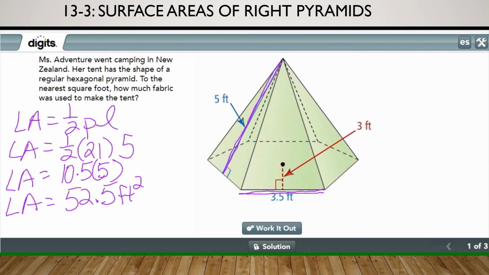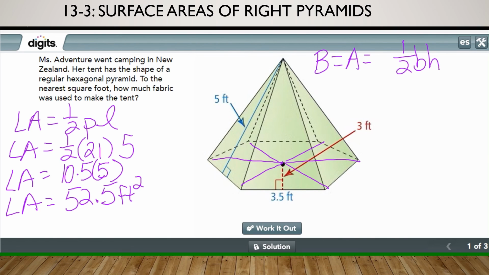Now we have to find the area of the base. In the first 2 lessons, we figured out the area of a hexagon. Remember, you decompose a hexagon into 6 equilateral triangles. The formula for one triangle is 1/2 base times height, but since you're decomposing the hexagon into 6 equilateral triangles, you just multiply it by 6.